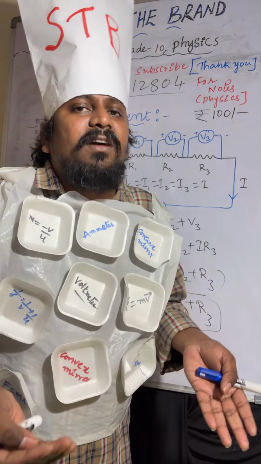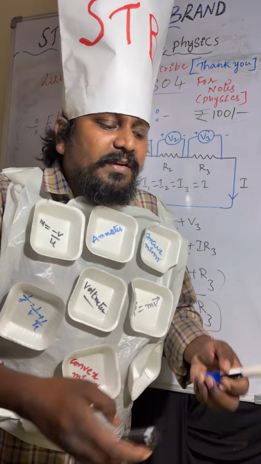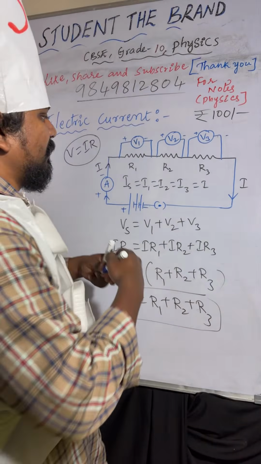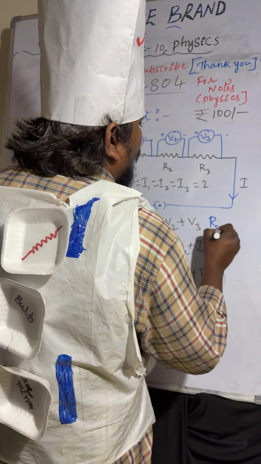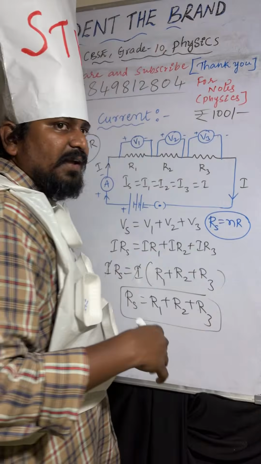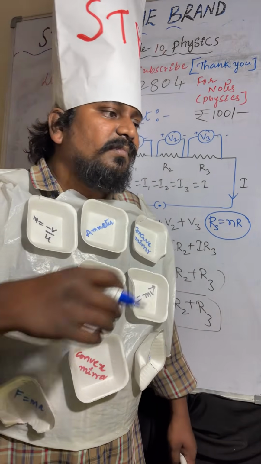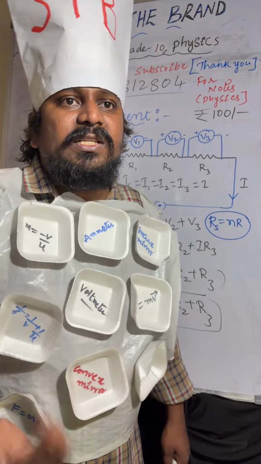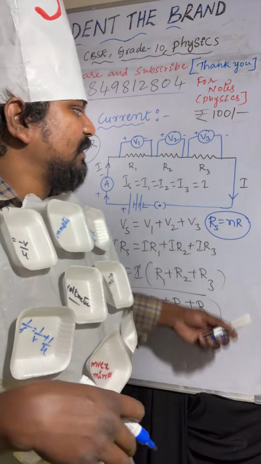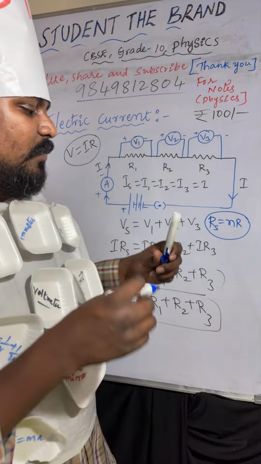If n number of resistors, each of resistance R, are connected in series combination, RS equal to nR.